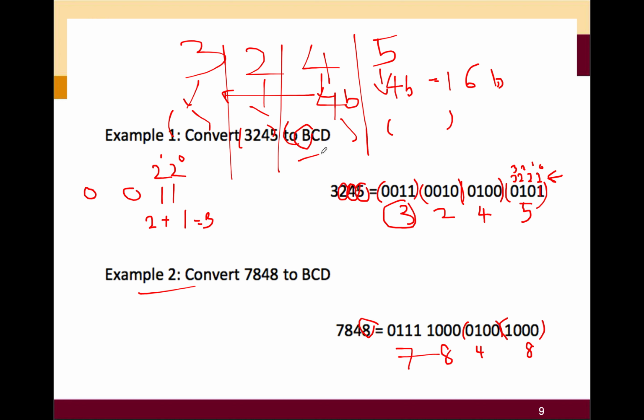Your BCD is the long digits here, which occupy 16 bits. So for 3245 as a decimal number, you will get the BCD as 0011 0010 0100 0101. It's really ugly. Okay.